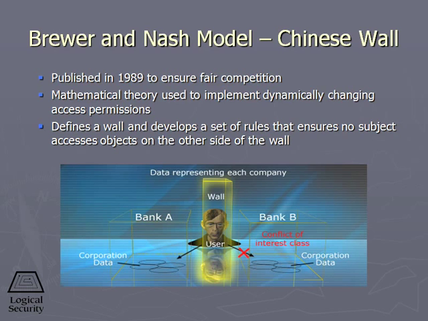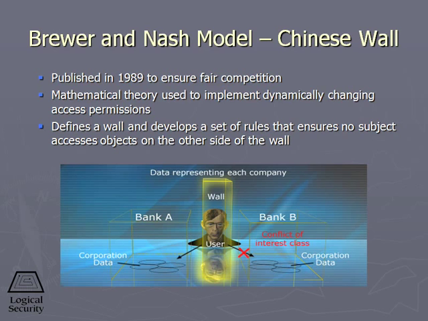The rule says that if a subject has not accessed any company's data, he's allowed to access any company's data. But as soon as he accesses one company's data, the Brewer-Nash model builds a Chinese wall. It dynamically implements ACLs, or an access control list, that says the subject is now only allowed to access that first company's data and is not allowed to access any other company's data.